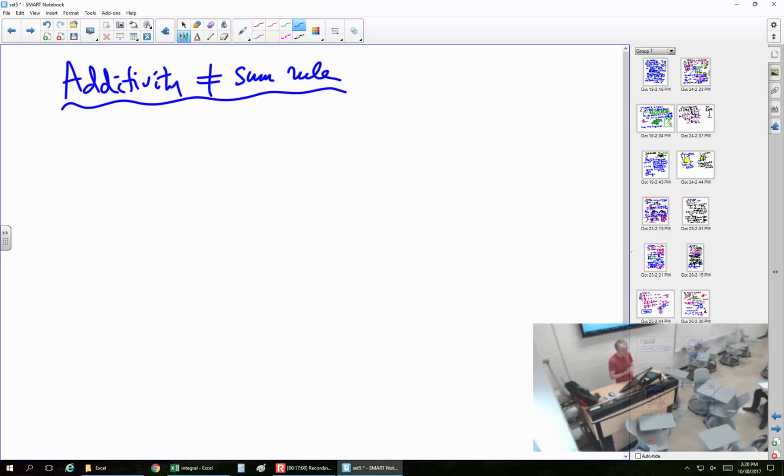So even though you seem to be adding something, what is being added in the additivity rule? Regions of the domain. Regions, plural. So we're not adding functions, it's the same function, two regions.